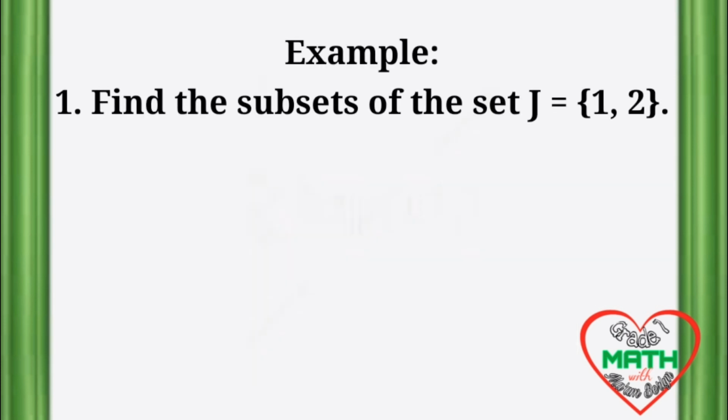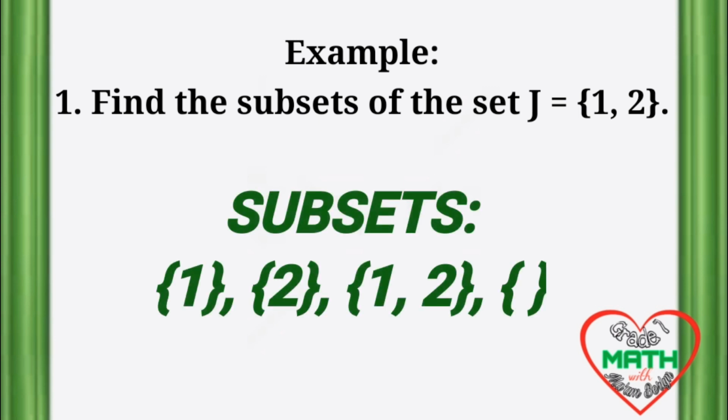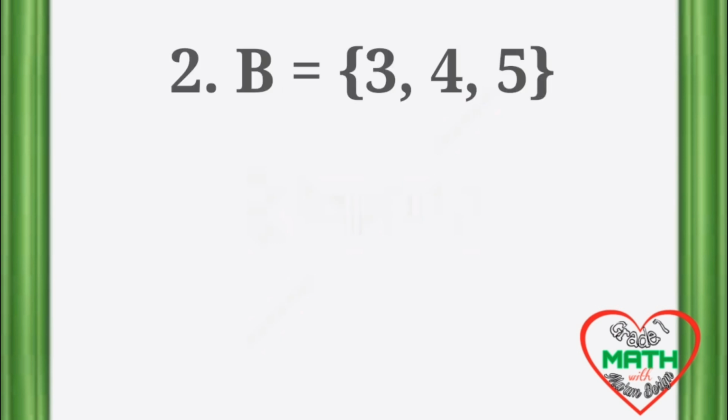For example, find the subsets of the set J equals {1, 2}. The given set has 2 elements, therefore it has 4 subsets. These are {1}, {2}, {1, 2}, and the empty set. Now let's have another example.